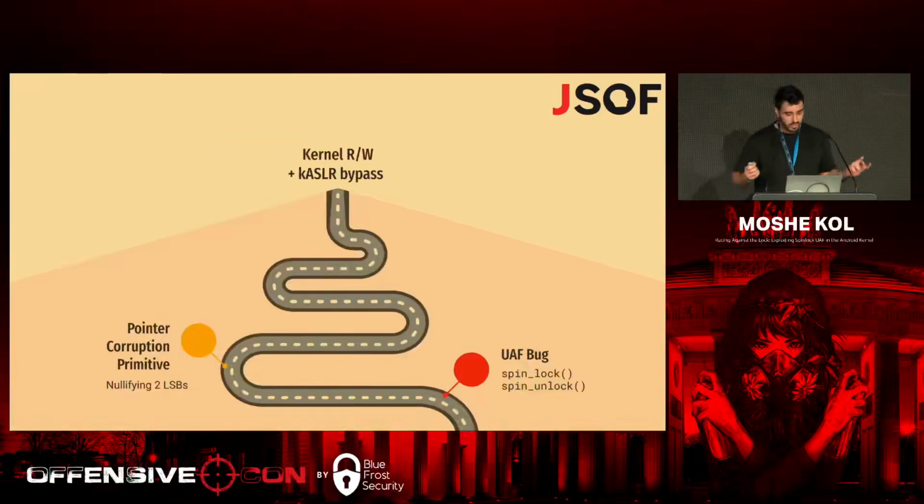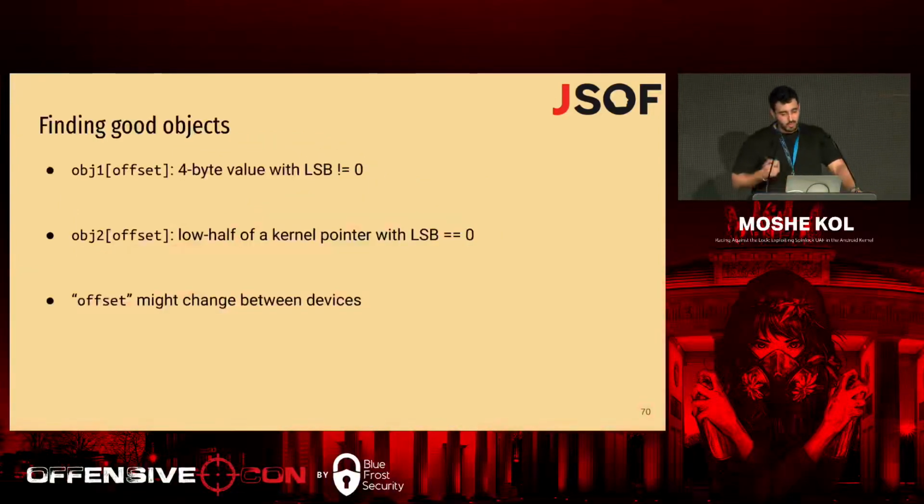So we have an idea for a pointer corruption primitive, but now we need to find some good objects to instantiate this primitive with. For the first object, we need to have at our specific offset a 4-byte value with only the least significant byte not 0.